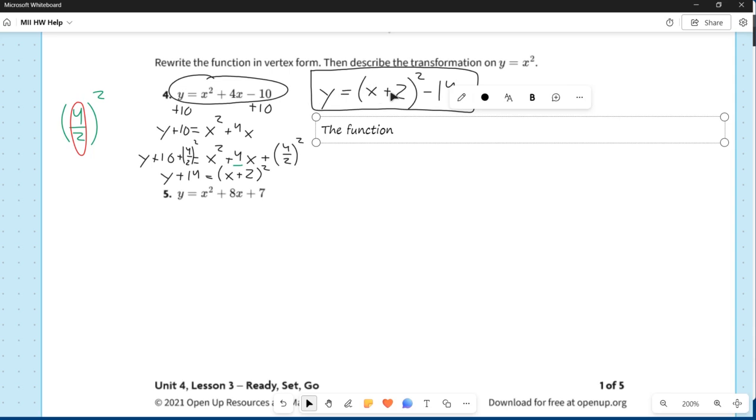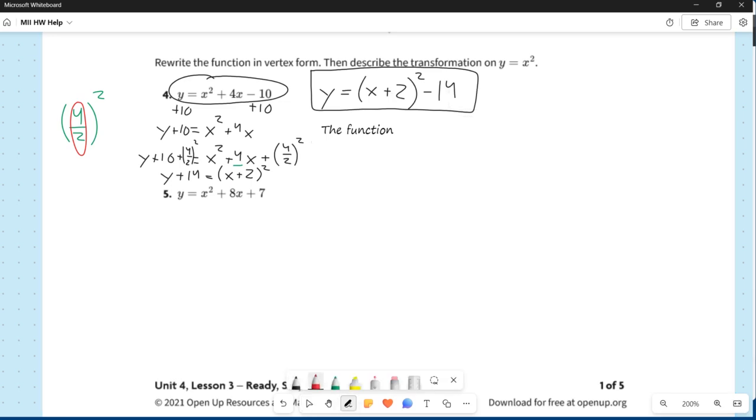So if we look at what has happened to this equation based on the parent function, the first thing that we need to talk about is this x plus 2 piece. We're first going to talk about the x plus 2, and then the second transformation is the minus 14.